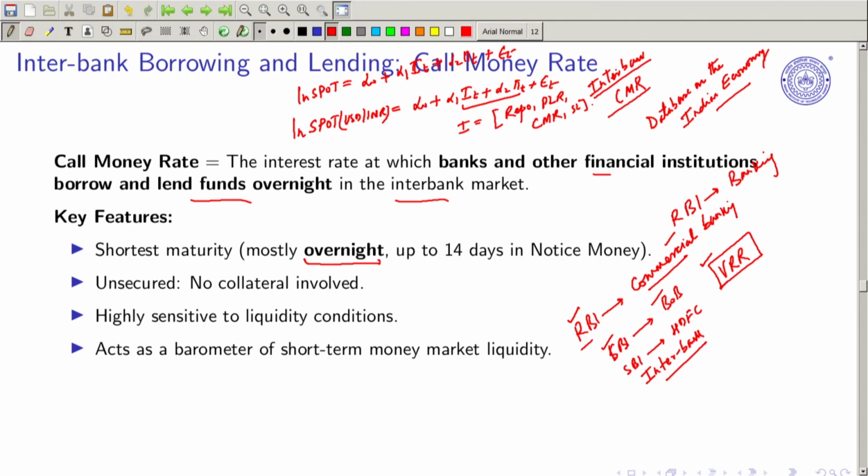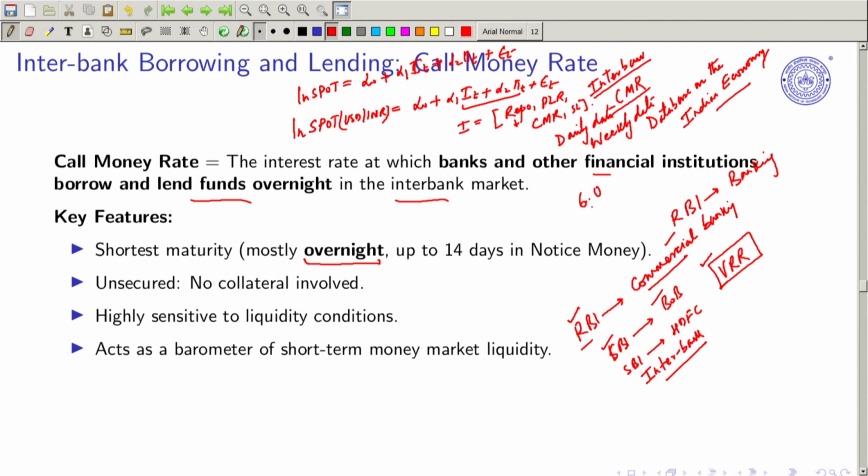Now if you download the data of repo, repo is not a continuous series. RBI changes it only occasionally. Suppose you want to deal with daily or weekly data; if you download it, you find that repo doesn't change frequently.